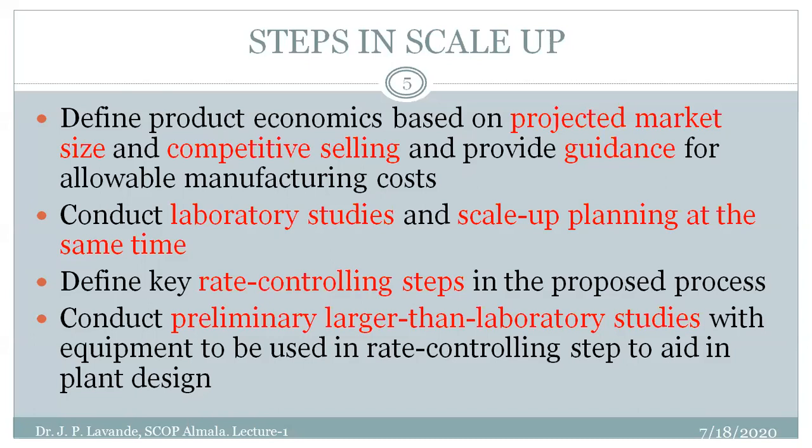And for these 500 or 5000, the evaluation processes have to be carried out, and the results of all these have to be carefully analyzed, to see whether the same kind of result is going to be obtained or not. Conduct preliminary larger than laboratory studies with equipment to be used in the rate controlling step to aid in plant design.